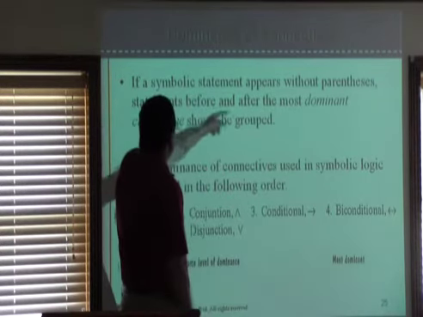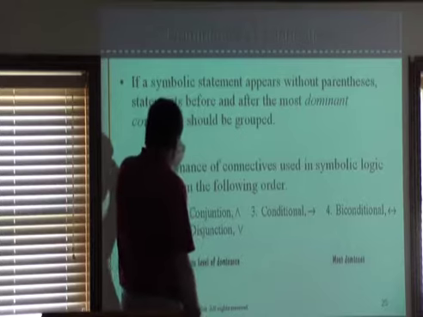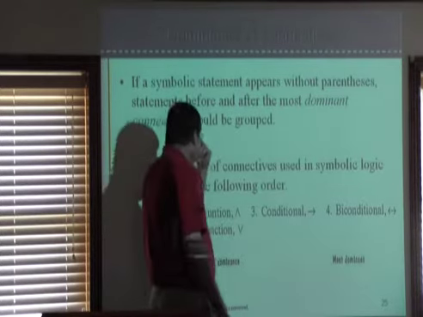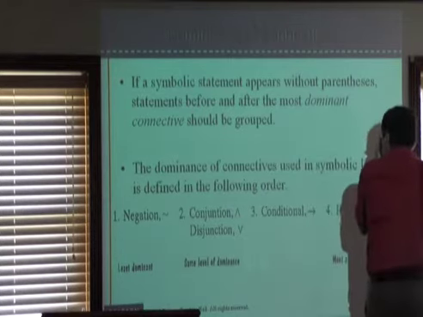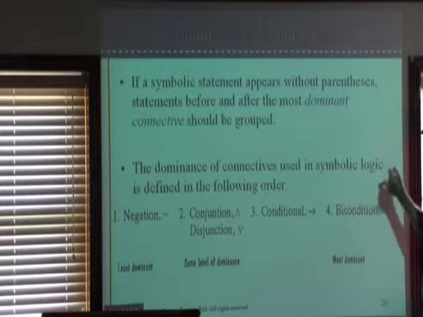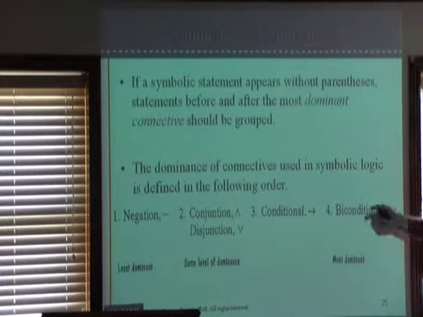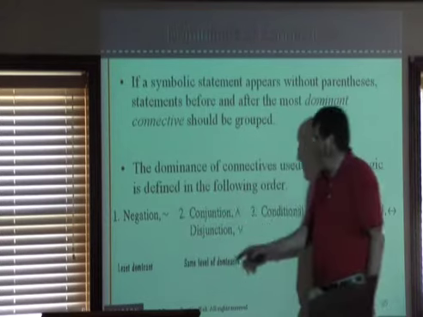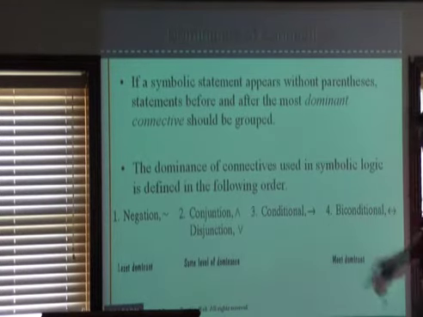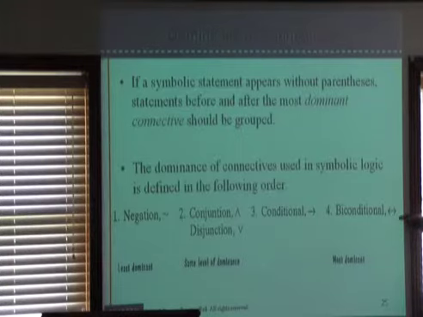So here, if a symbolic statement appears without parentheses, then you need to be aware of what to do before and after the most dominant connective. So here's the pecking order. Okay, low man on the totem pole is negation, then conjunction, disjunction, conditional, biconditional. Most dominant, the big kahuna.